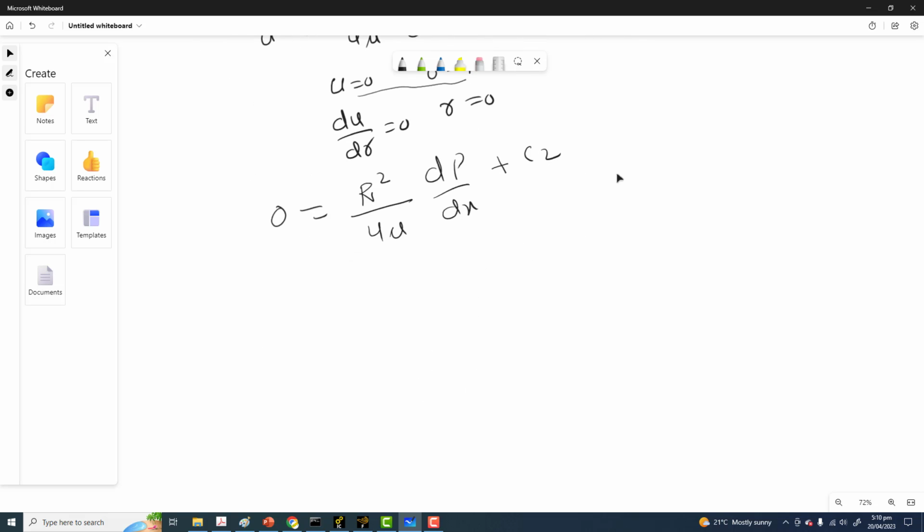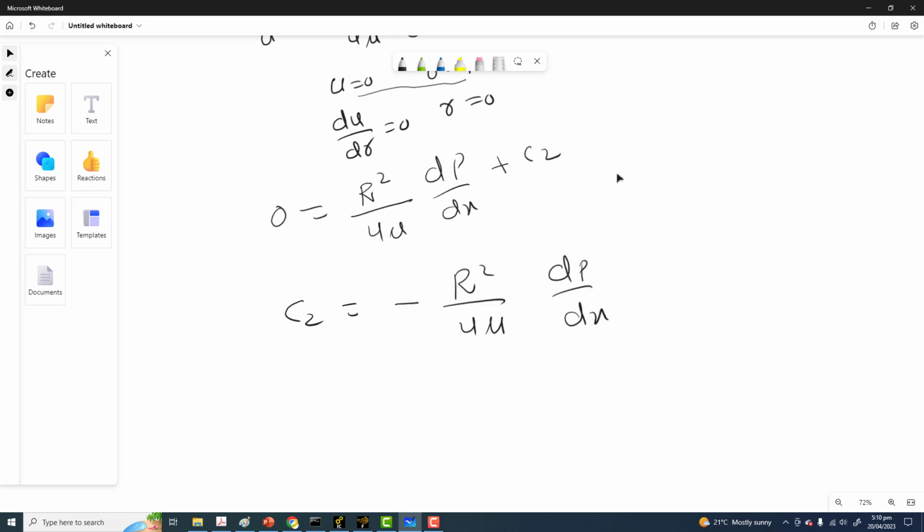So from here you can see that C2 is equal to minus R²/(4μ) dp/dx.